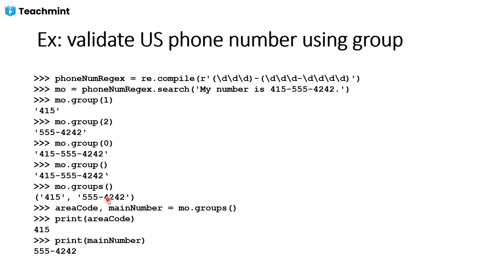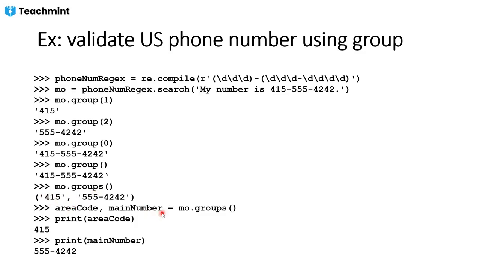Now, we can also assign all these things to two different variables. I just wanted to know what is the area code, what is the main number. So the groups function returns these two in separate form, the first group, the second group, in tuple form. Each of these items I can assign to a variable.